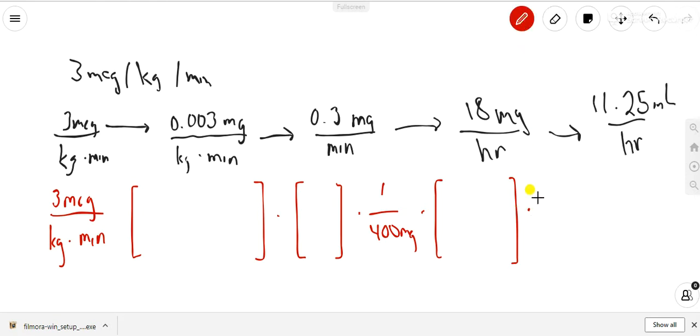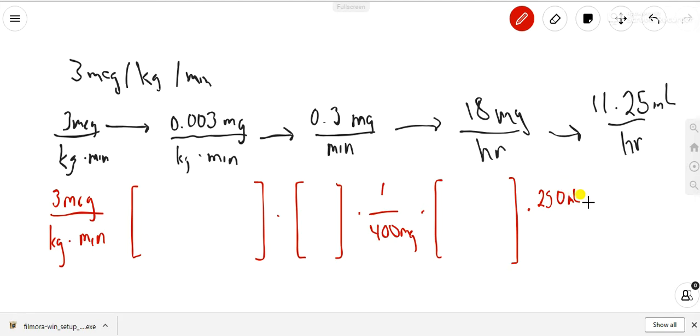So that's going to be my volume. Remember, it's my rate compared to how much medicine I have available, times the vehicle that medicine is coming in, and that's in milliliters.